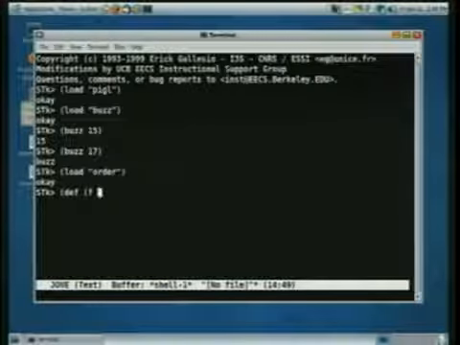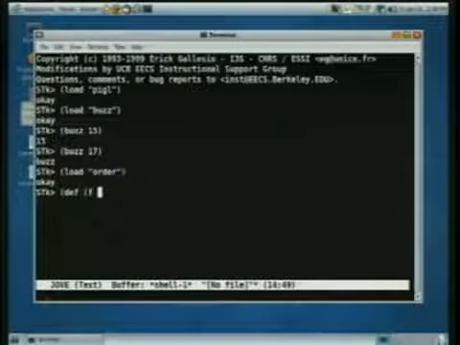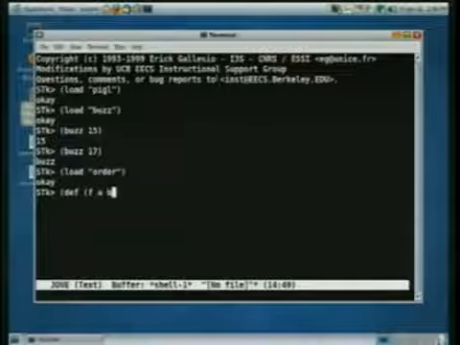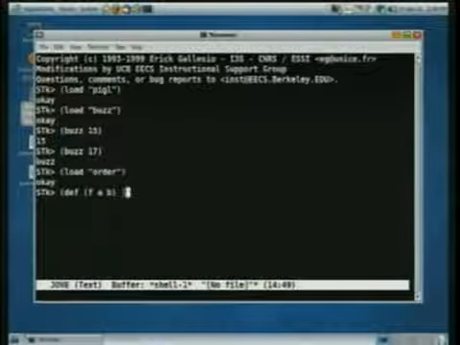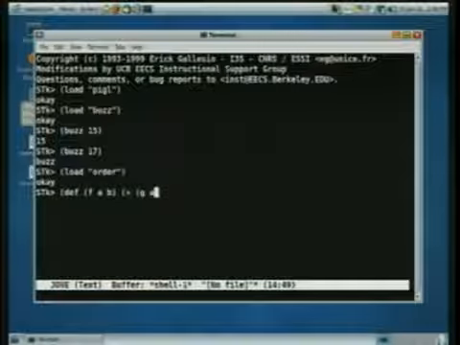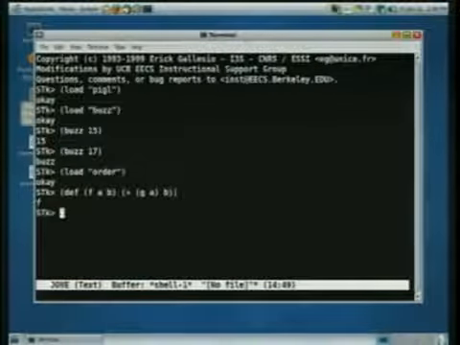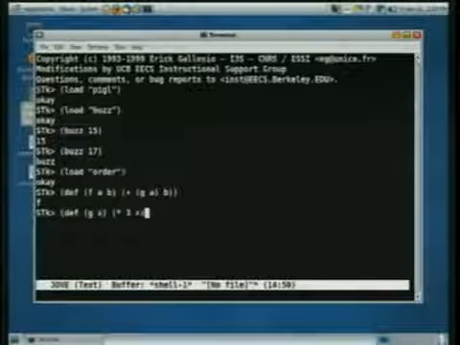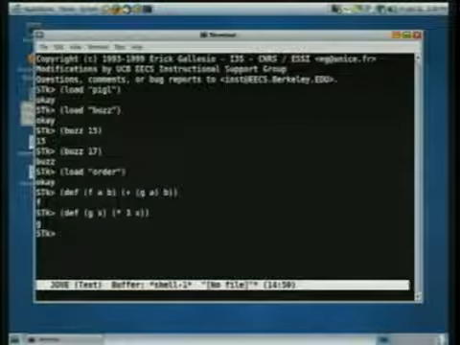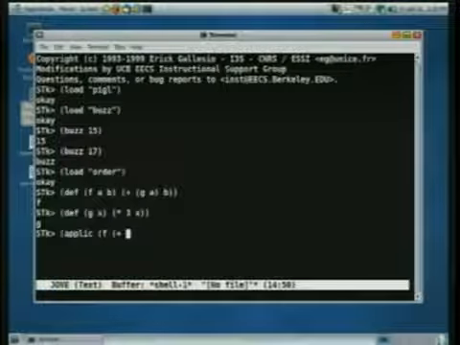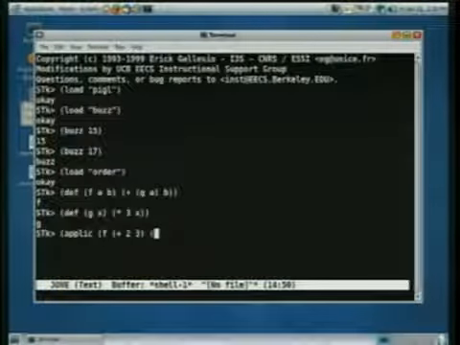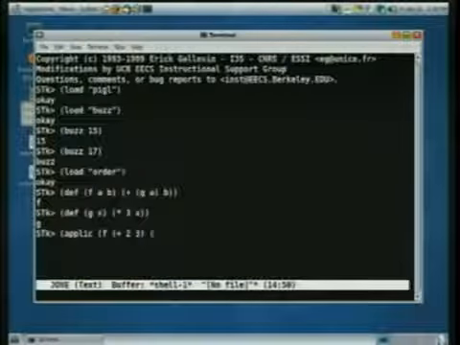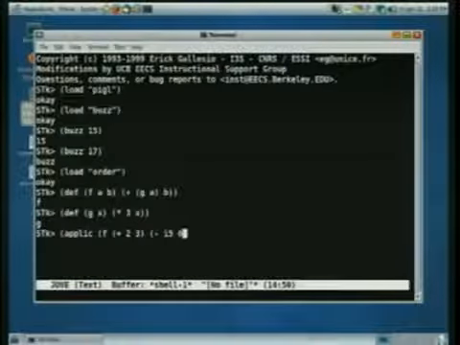Def is like the define for this special Scheme system that I'm about to show you. So pretend it says define. So f of a and b is plus g of a, b. And g of x is times 3 x. And now I'm going to do in applicative order f of plus 2, 3, and minus 15, 6.